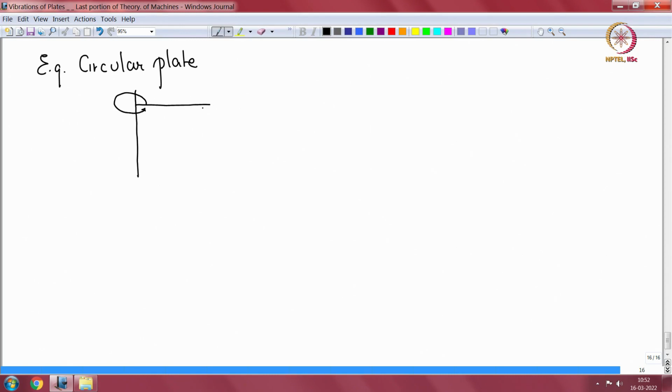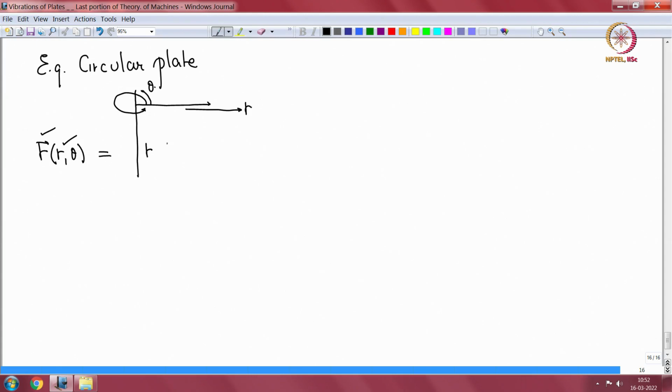Then the meridian I take as one axis, r, and the other is theta. So what is my location vector? This is the vector, this is the coordinate, don't confuse.